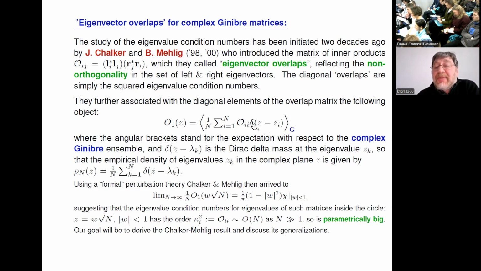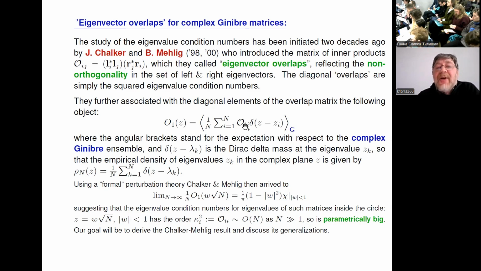It means that, when studying this object, we are interested in statistics of overlaps corresponding to eigenvalues in the vicinity of position z in the complex plane for various values of z. So this delta is just the Dirac delta mass at the corresponding eigenvalue.